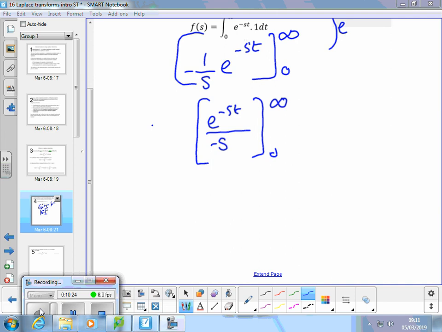We can take minus 1 over s outside a set of brackets, and then we want the value of that function. We want e to the minus s times infinity minus e to the power of 0.